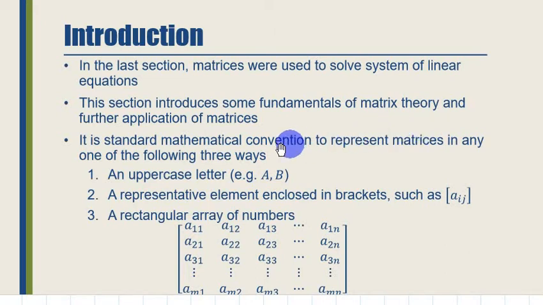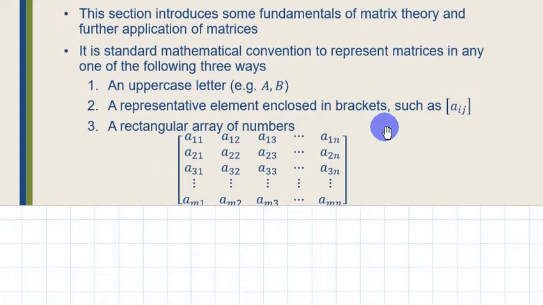So, it is standard mathematical convention to represent matrices in any one of the following three ways. We can represent a matrix as an uppercase letter, a representative element enclosed in brackets, or a rectangular array of numbers like this. We are already used to this way of representing our matrix.